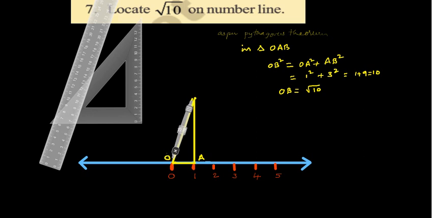Right. You put the compass like this. That means OA is one side, AB is the other side, and OB is the hypotenuse of the right angle triangle. Now you draw an arc, O as center, AB as the radius.